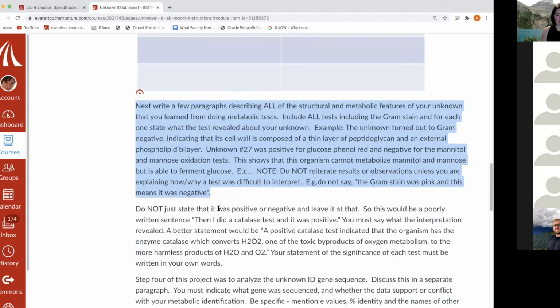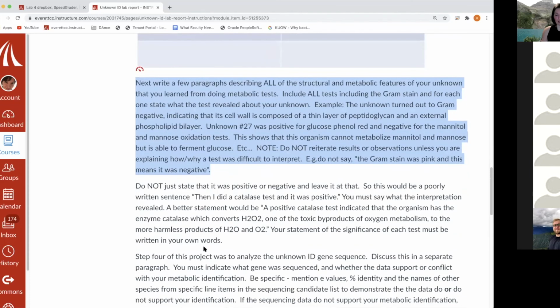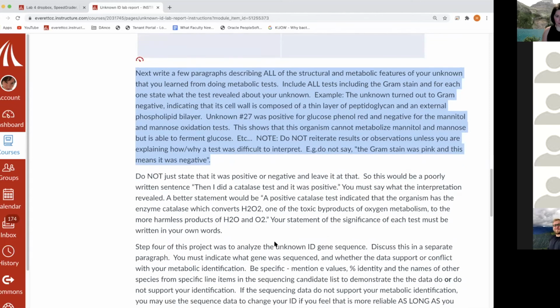So instead you would say the thioglycolate test revealed that it's a facultative anaerobe, suggesting that it's capable of growing in both aerobic and anaerobic conditions and does aerobic respiration when it's possible. Or the catalase test was positive, indicating this organism has the catalase enzyme and can detoxify hydrogen peroxide. So you don't want to say that you saw bubbles or that you saw pink cells or whatever.